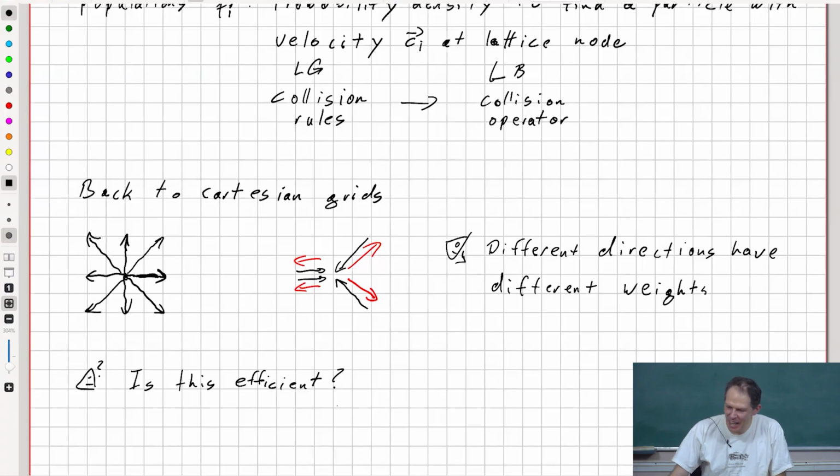Okay, telling you honestly, we're doing Lattice Boltzmann for some 35 years. Not me personally. I'm much older than 35, but 35 years ago I was doing something else.